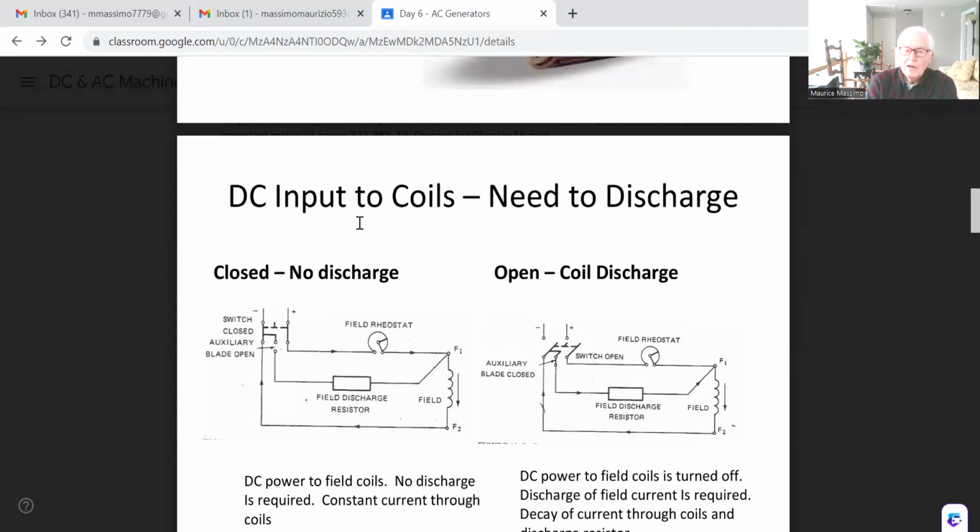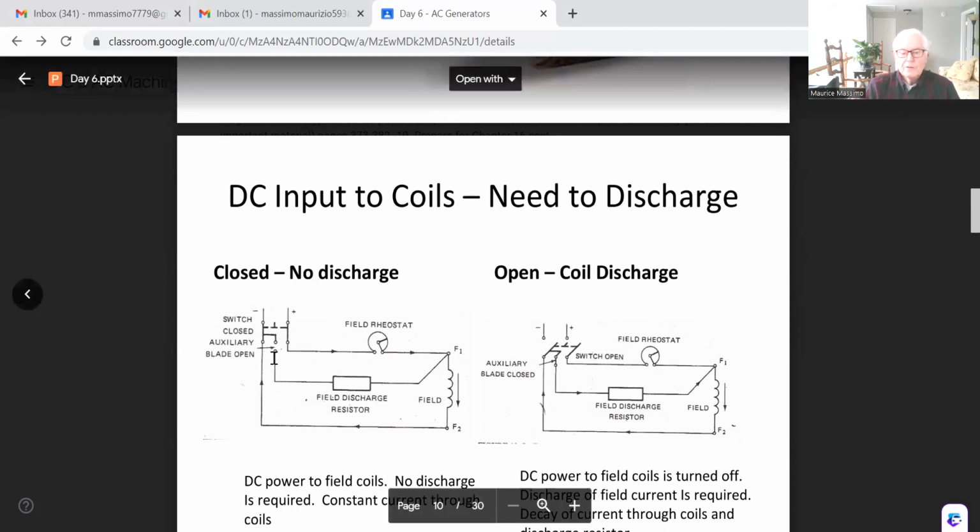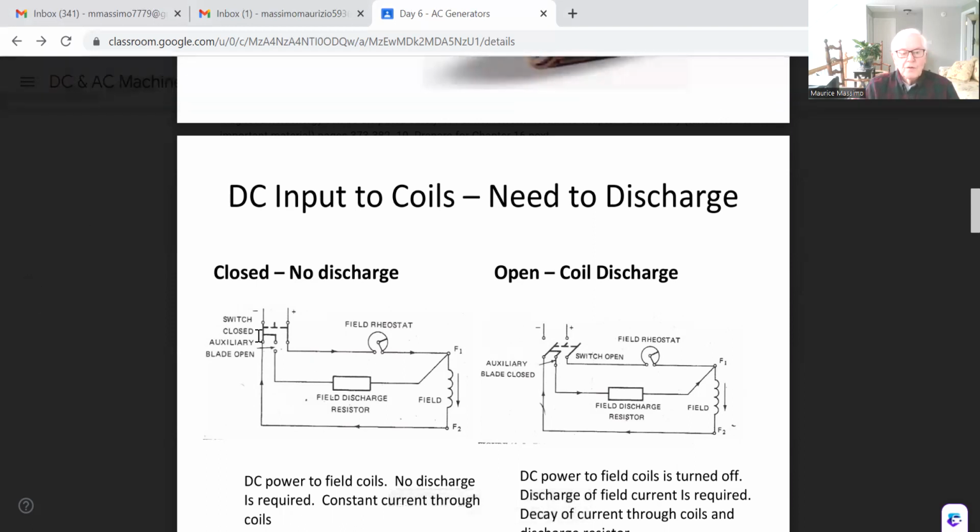You turn the machine off, then current wants to keep continuing to keep going. And so what we need then is a way to switch it so that you can leak out that current that's charged up into that field.